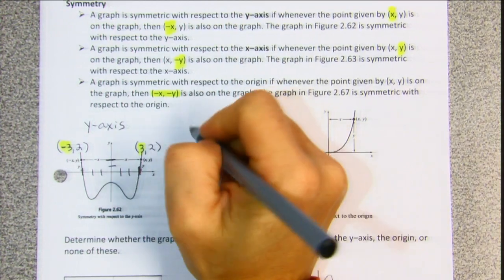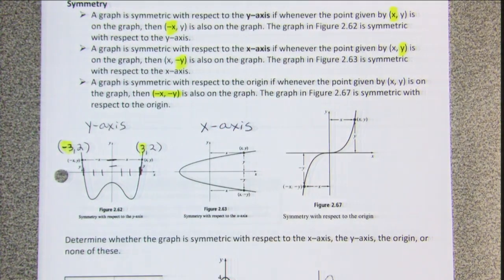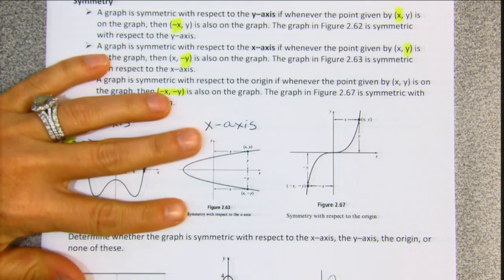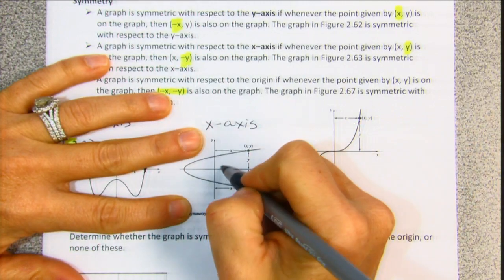So here, this one is an example of a graph that is in respect to the x-axis. It's symmetric in respect to the x-axis. I always leave that word out, symmetric. If you were to fold it on the x-axis, these 2 points would line up.